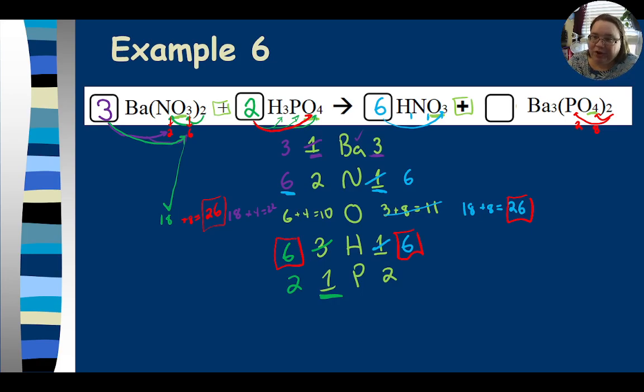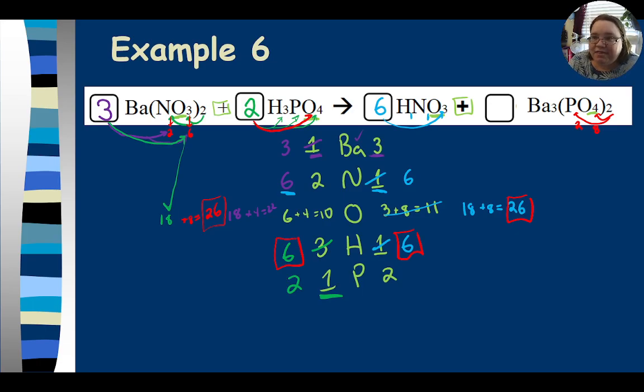If you had started with your O, you would have ended up down a rabbit hole and may have never gotten out. So this is probably harder than what you're going to see on your physical science test. This is some of the hardest types of balancing.